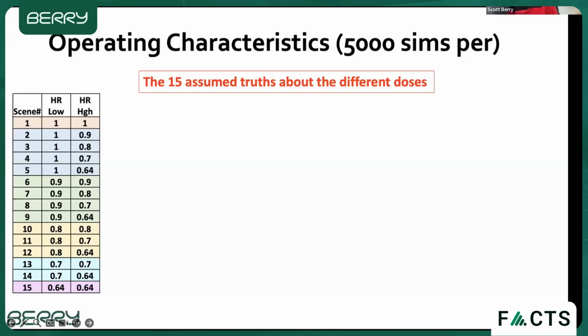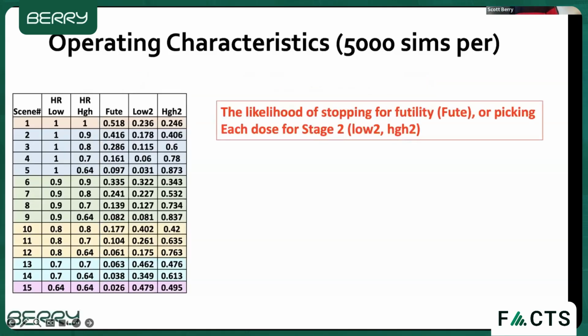So here's a number of potential scenarios, and of course 1.1 is the null hypothesis. And then the likelihood of stopping for futility. You can see that column for stopping for futility given the scenario. So under the null, 50% of the time, both p-values are above 0.33. Within that, the probability of advancing in which dose is selected.